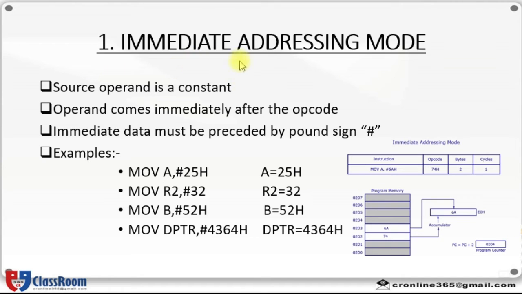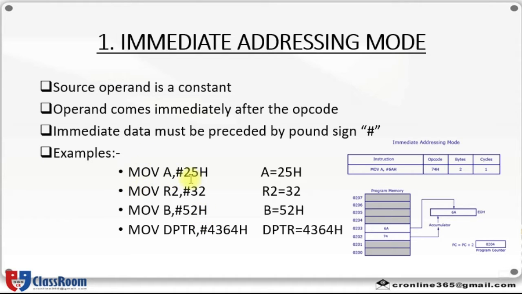In immediate addressing mode, the source operand is a constant, meaning that you have the value itself, and that value is copied to registers. Registers can be A, B, R0 to R7, or the DPTR register.